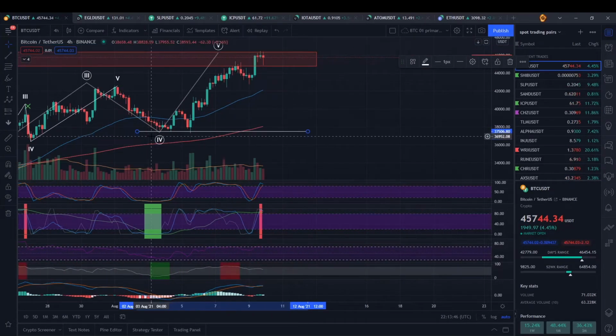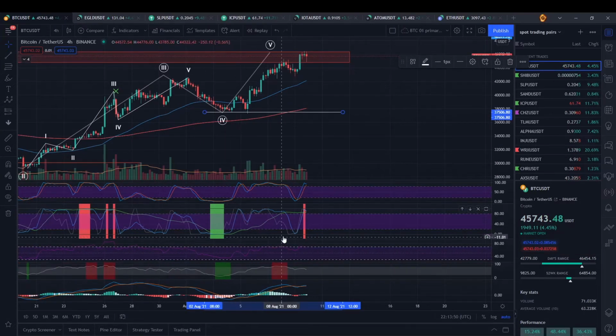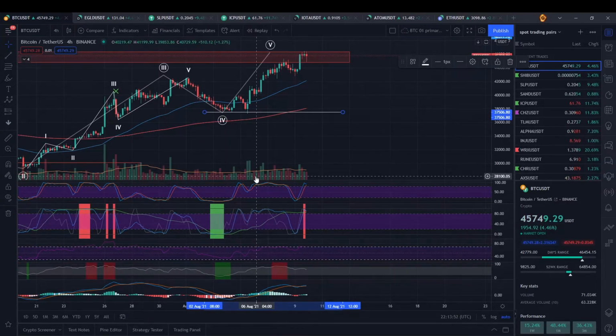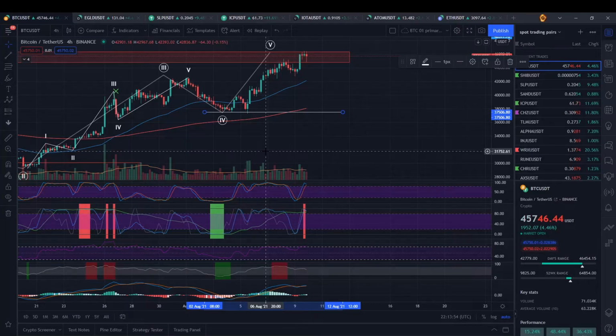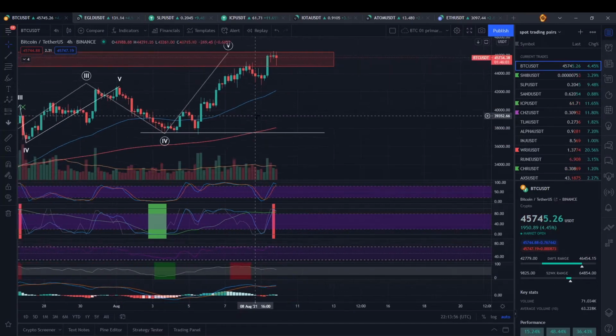What is an indication for a reversal is usually when you have several of them and then you couple it with technical analysis for a reversal, or when you start seeing this being oversold and then it bounces and then it goes down, makes the same low or a lower low, and it makes a divergence here.